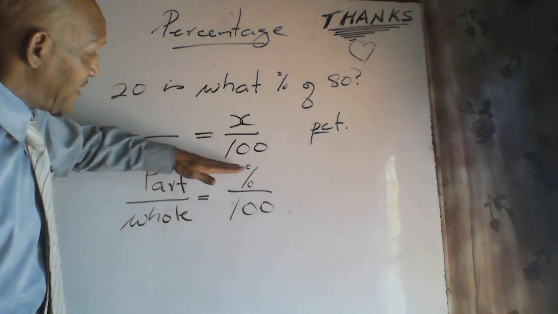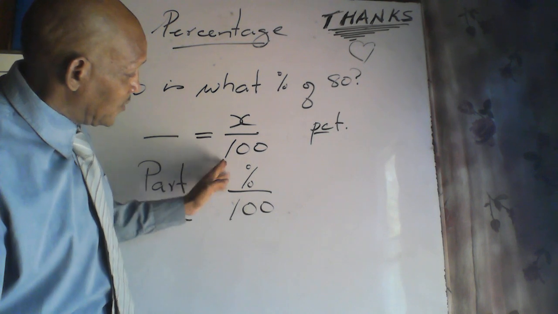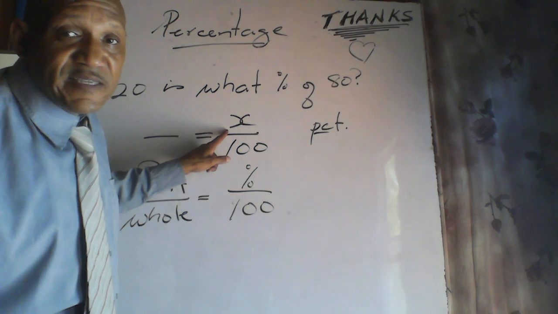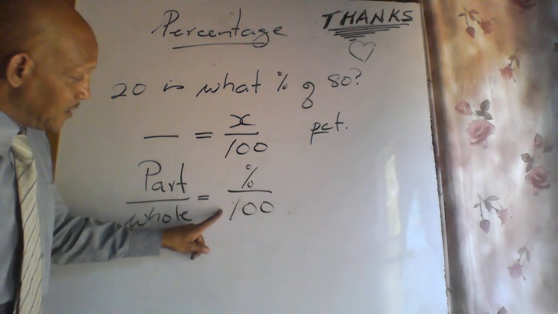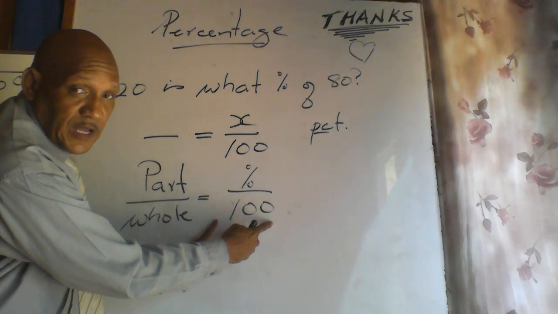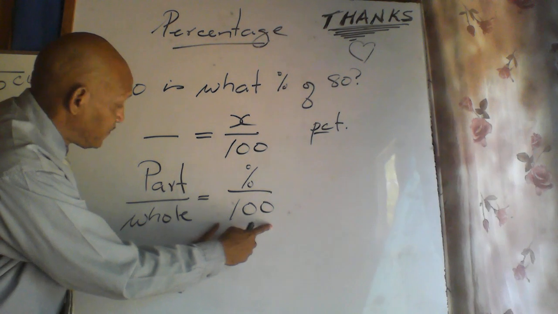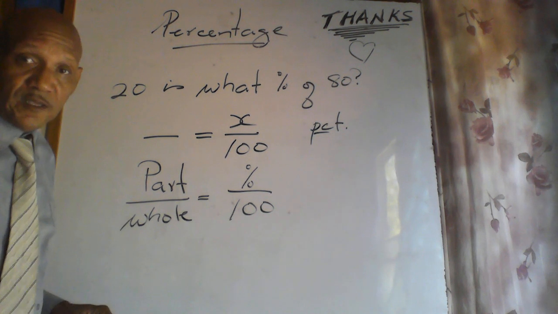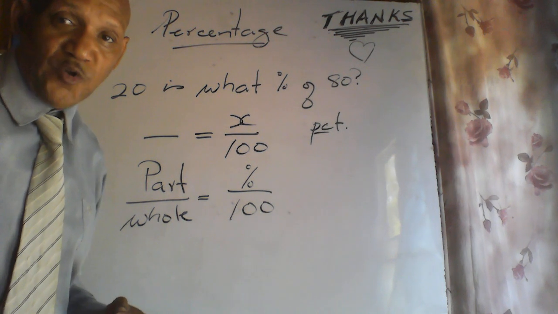So my problem that I'm setting up, I have percent over 100 on the right side. And what is the percent? They did not give us the percent. So I put x over 100 to fulfill this part of the setup. And over here is the part over the whole. So we have to figure out what's the part and what's the whole.